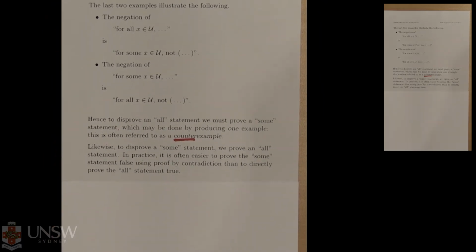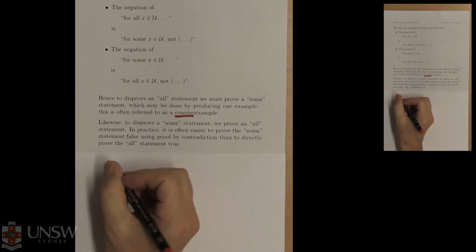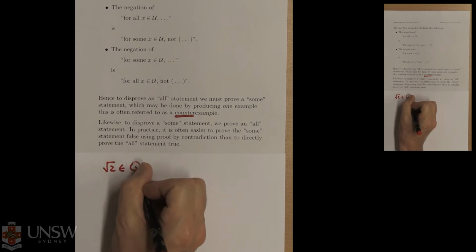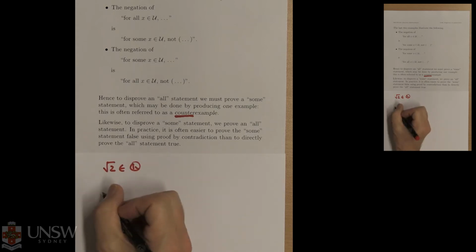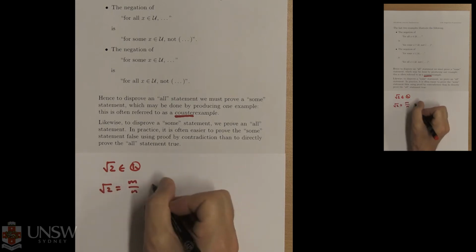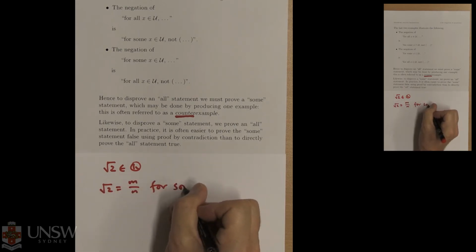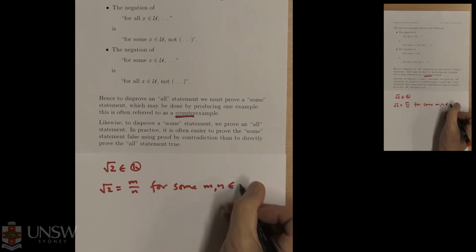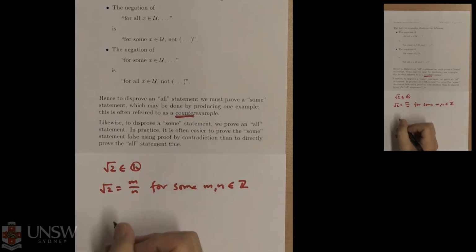And let me give you an example of that. Suppose I have the statement square root of 2 is rational. Now that's a some statement because it says square root of 2 equals m over n for some m, n in the set of integers.